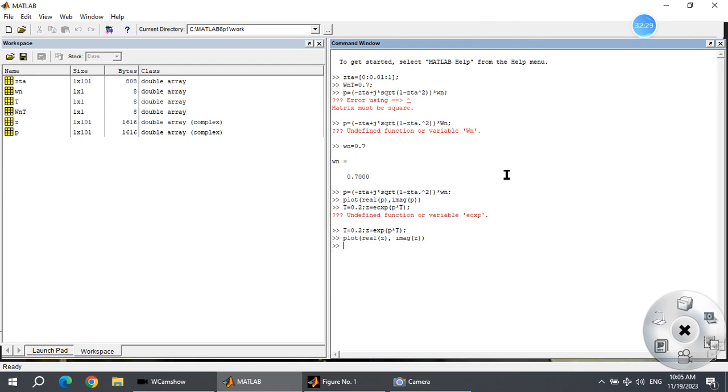Sorry, I'm a bit confused. I have P for fixed omega n. Omega n is 0.7, and zeta from 0 to 1. Then I get that curve. If I give them more, what happens? Zeta.